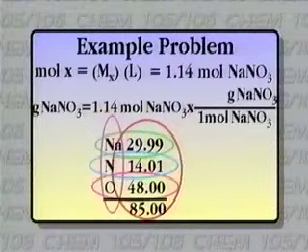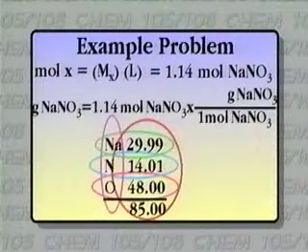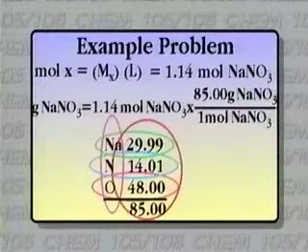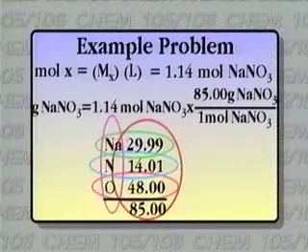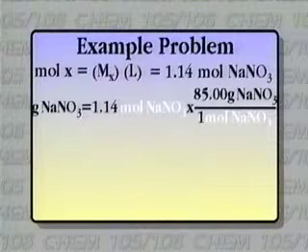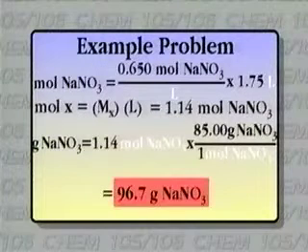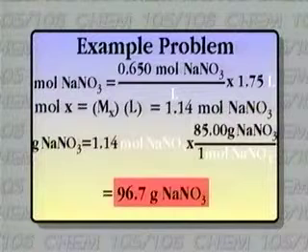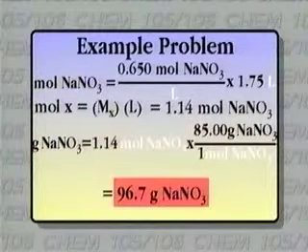And so we end up with 85.00 grams per 1 mole. If we now multiply that out, multiplied by 85, we get an answer then of 96.7 grams of sodium nitrate.